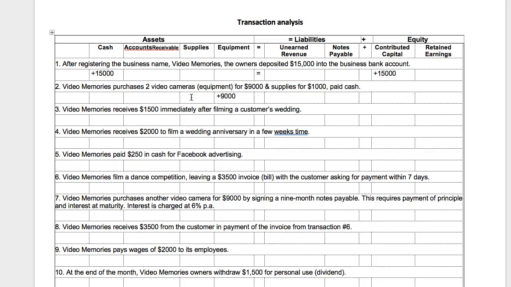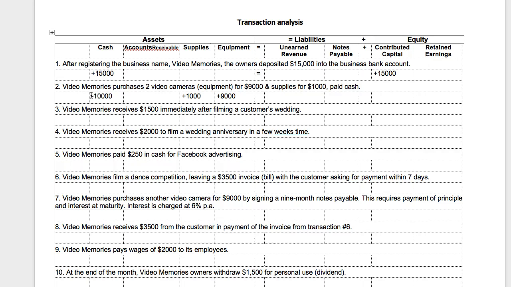And if you purchase supplies, it means you have more supplies in your business. That is also an increase. Now, when you buy something, normally you will pay cash for that, and it tells us here that they have paid cash. So in the cash column, I'm going to put how much cash was paid. I'm going to add these up together, and make that a minus 10,000.